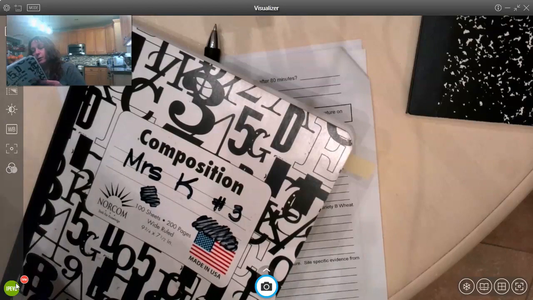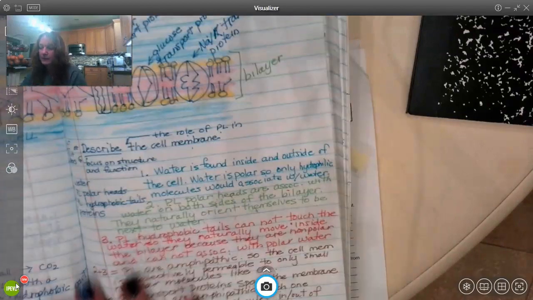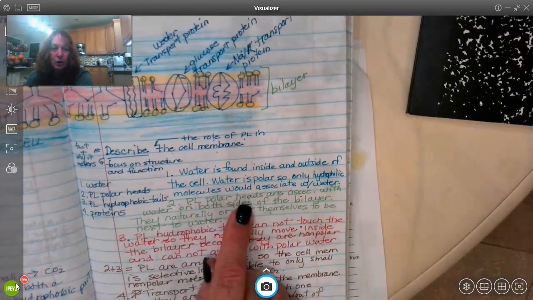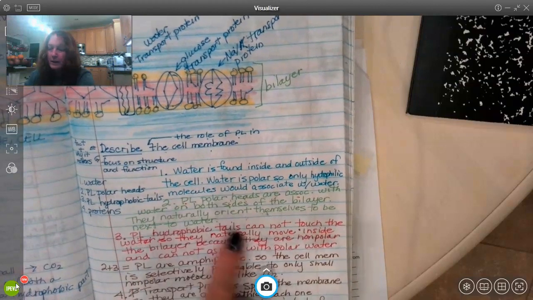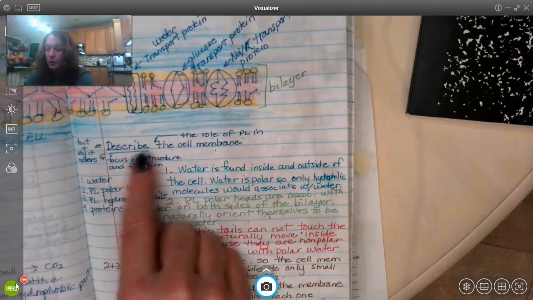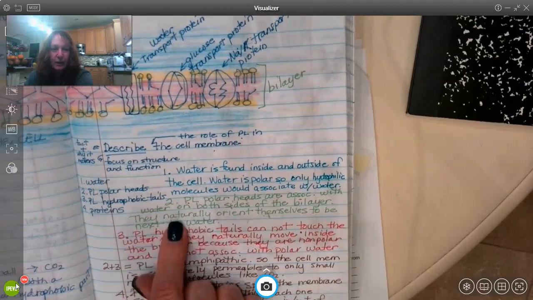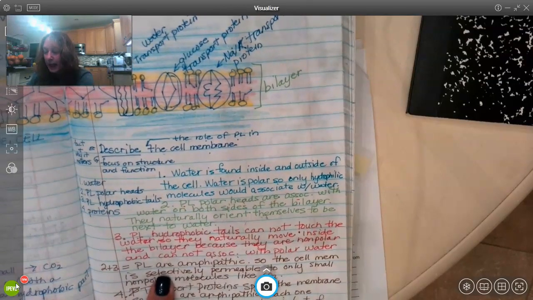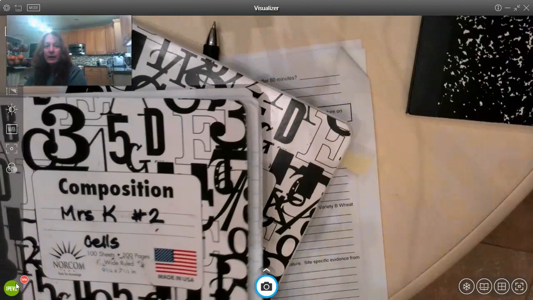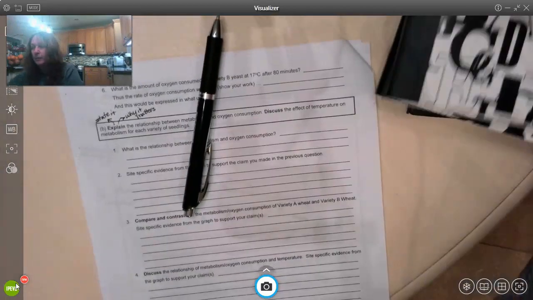Where we used the pink and the green and the yellow. There. So right here we did this too. So we did the whole describe is to create like a mental image so you can see it in your head. And then explain is tell what it is and tell why it's important.